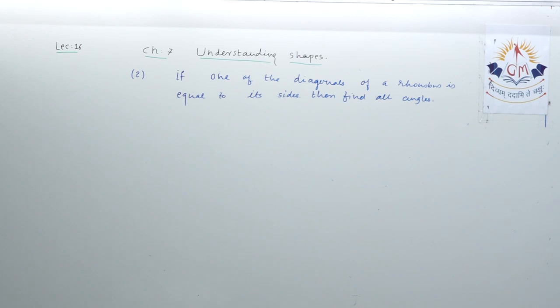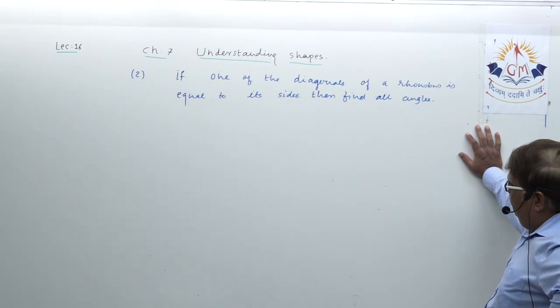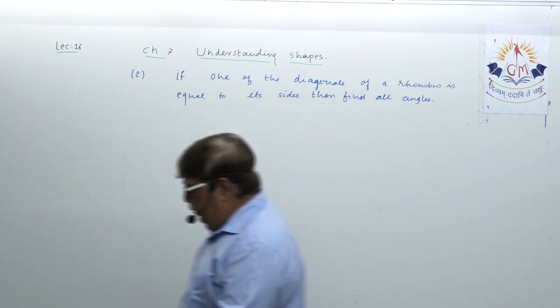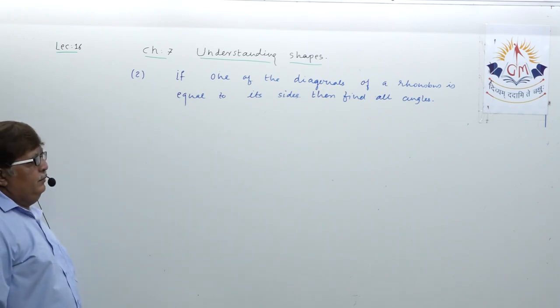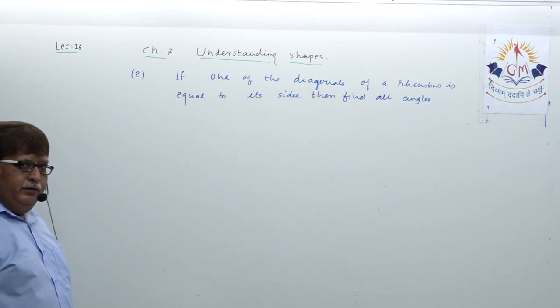If one of the diagonals of a rhombus is equal to its sides, then find all the angles. Just apply your brain, stimulate your mind, and try to solve if you can. Just 2 minutes time to stimulate your brain and understand this sum.